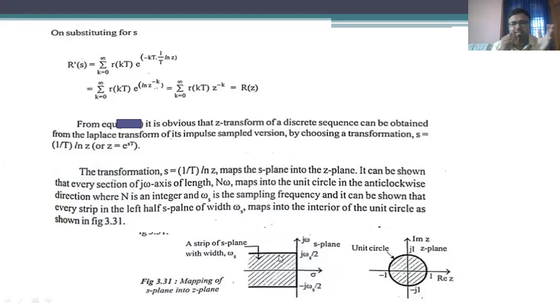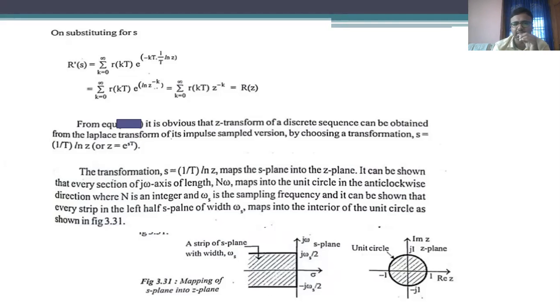Why have we chosen only the left hand side part? Because in the S-plane, the left hand side consideration of the poles is considered stable. The stability condition is obtained only for the left hand side portion of the poles.